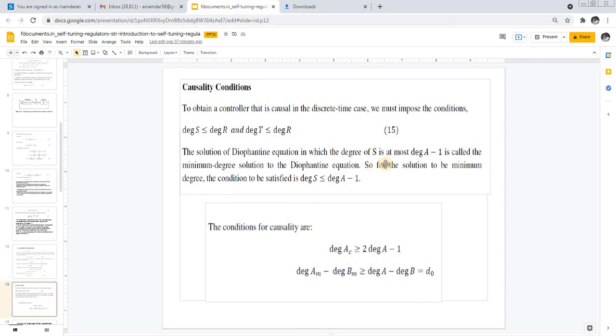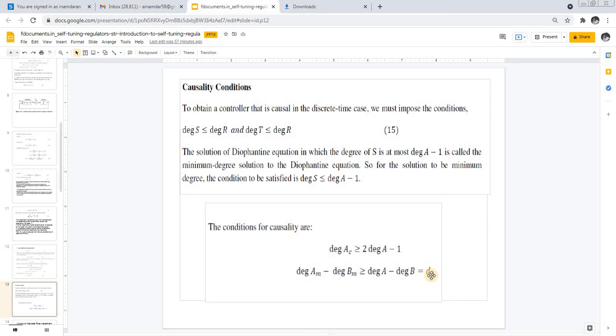The conditions for causality are directly given as: degree of AC, the Diophantine equation, should be greater than or equal to twice the degree of A minus 1, and degree of AM minus degree of BM should be greater than or equal to degree of A minus degree of B, which equals d naught.